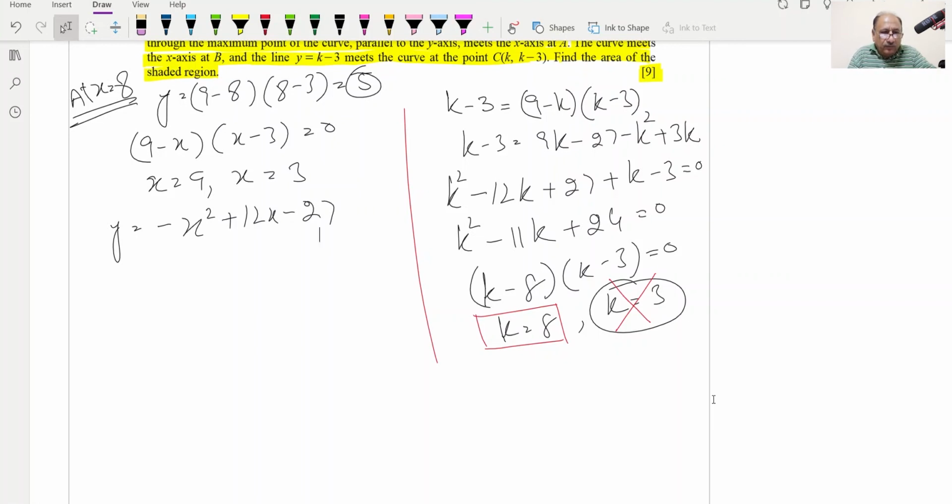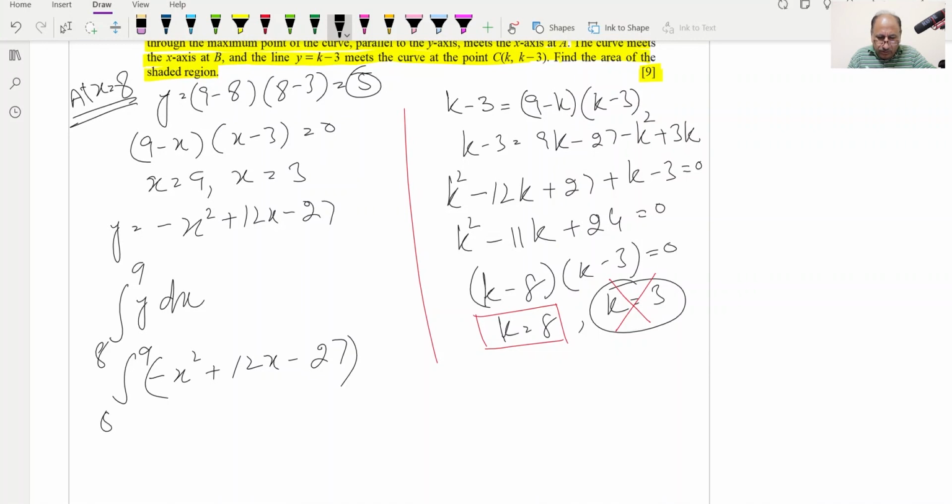We are using the integral of y dx from 8 to 9, and the y value is this one, so we will be integrating minus x squared plus 12x minus 27 from 8 to 9. Hopefully you are understanding each and everything, and dx.